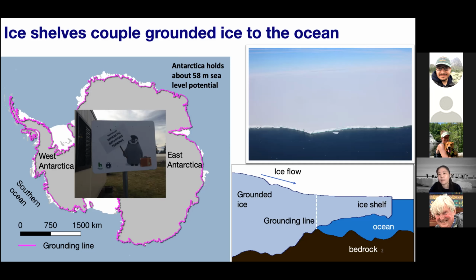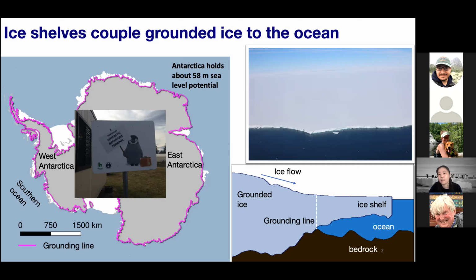The buttressing effect from the ice shelf can be reduced by two mechanisms. The first one is called marine ice sheet instability, which is initiated by changes in ocean circulation or atmospheric drivers.